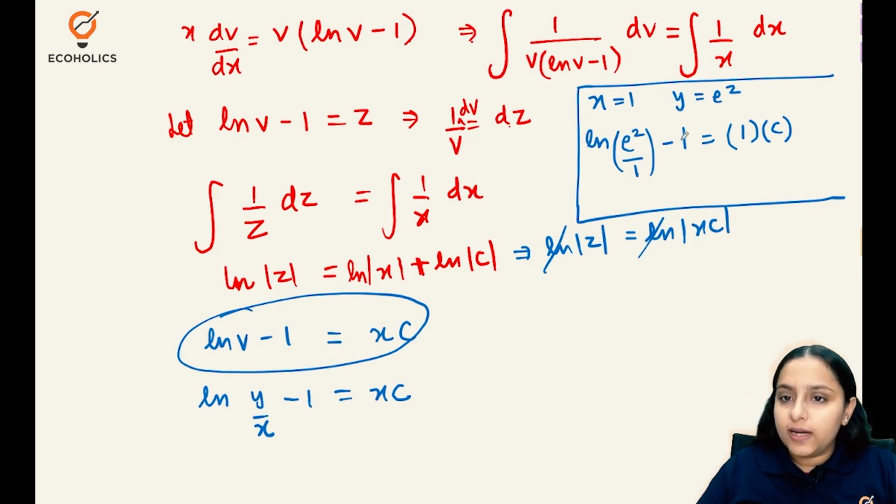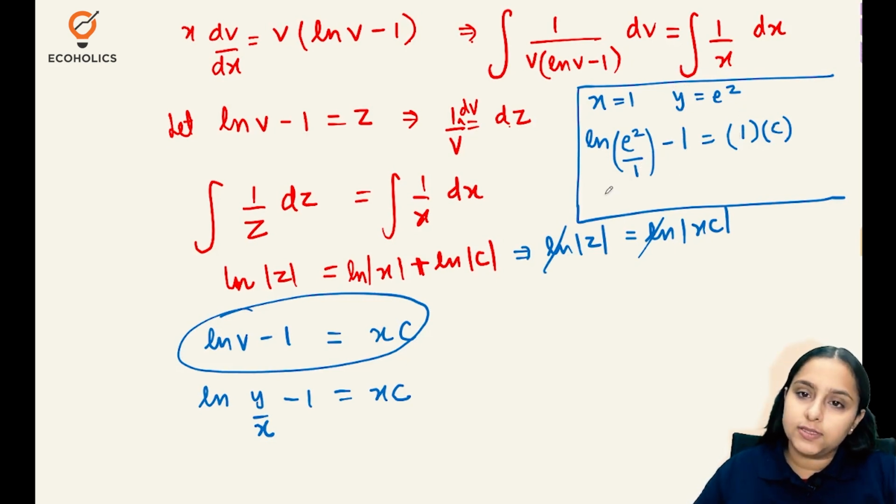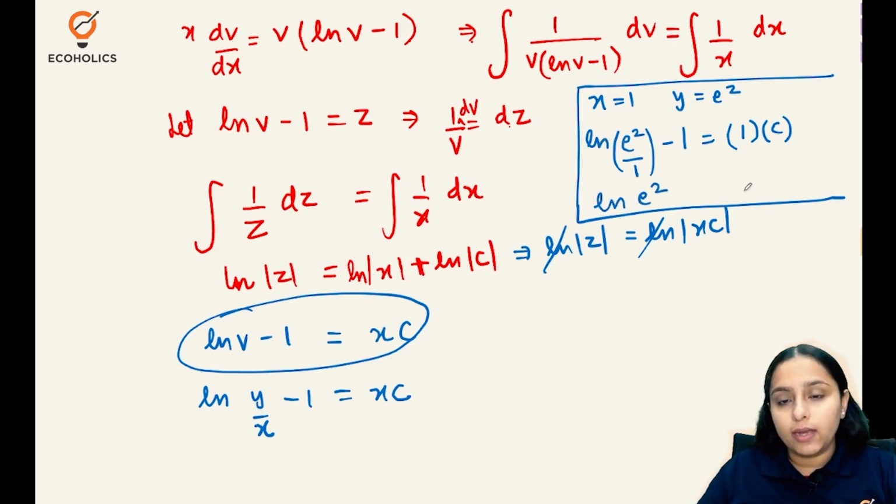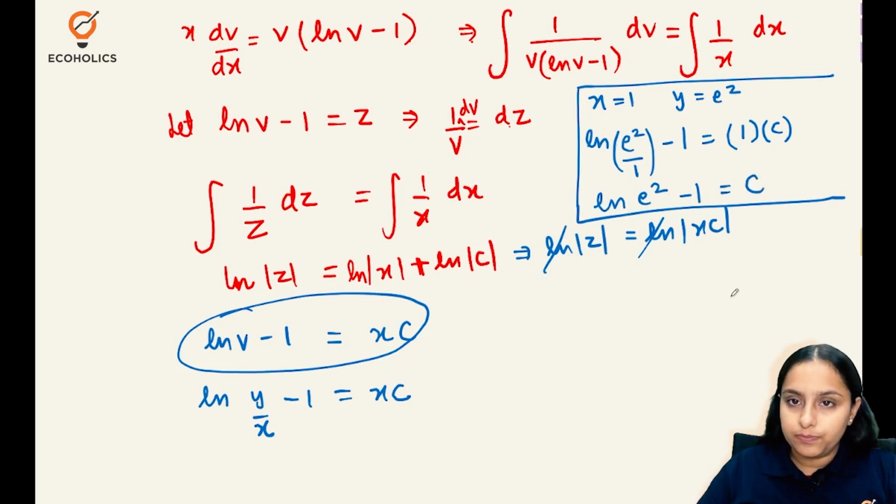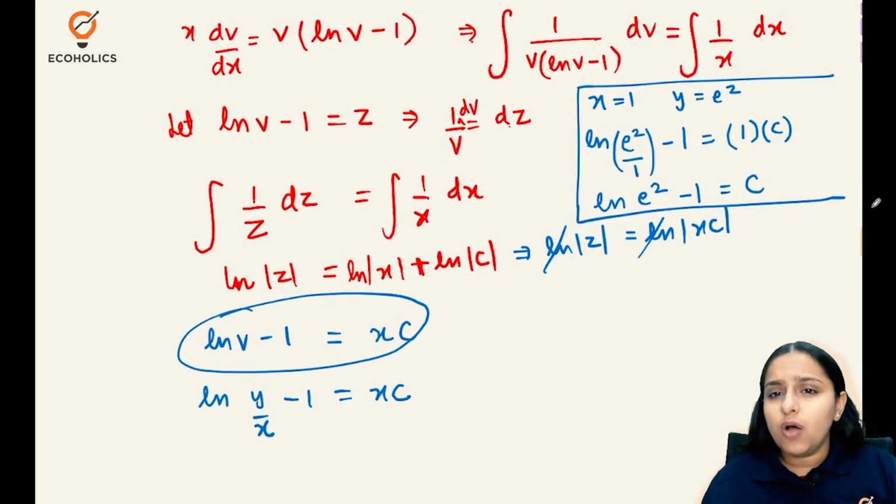Now, what are you going to get next? Can you think how we are going to solve this? So, this will be log e² − 1 = c. Getting my point? Now, coming to the next question, how will we find log e²?